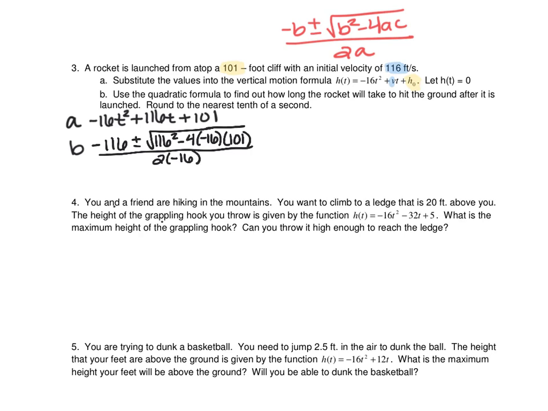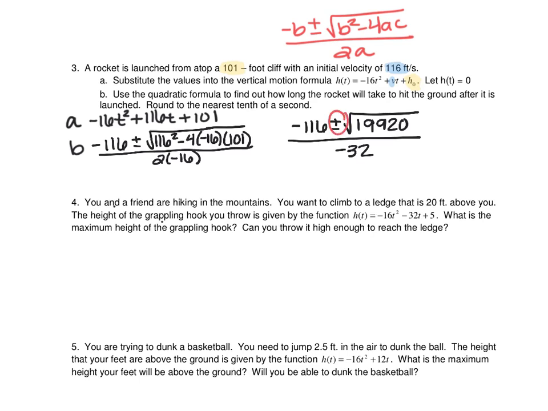And what I'm going to do is break this up into pieces. So when I break up the inside, I get negative 116 plus or minus the square root of 19,920 all divided by negative 32. And I'm going to remember that I have to do this twice because I have plus and minus.